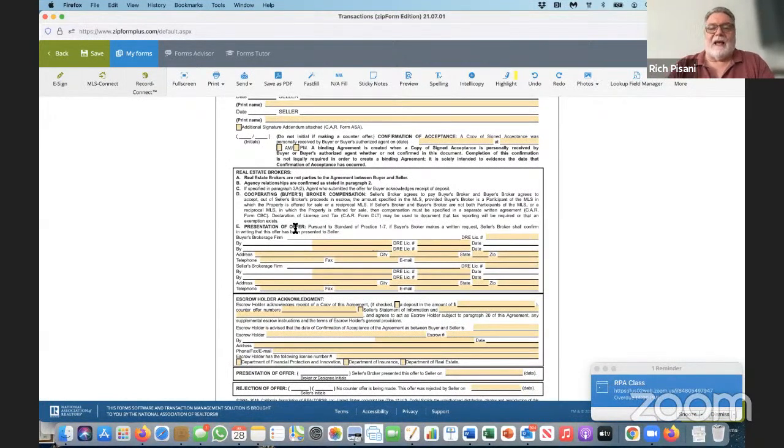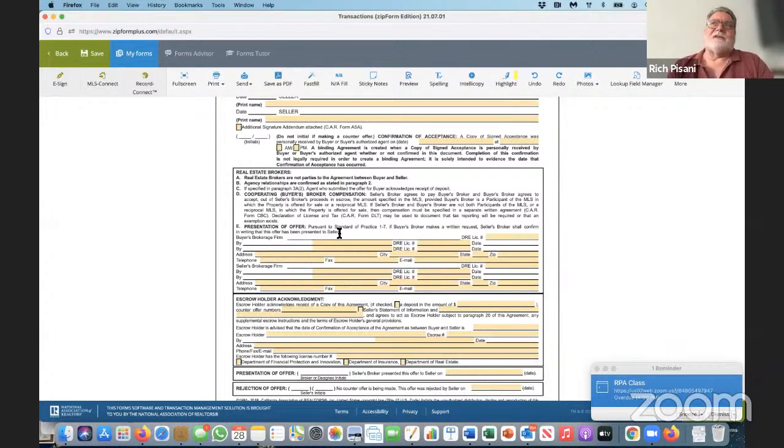Here's where the agent's information goes. I want to point out the presentation of offer pursuant to standard of practice 1.7: if the buyer's broker makes a written request, the seller's broker shall confirm in writing that this offer has been presented to the seller. What does that mean?